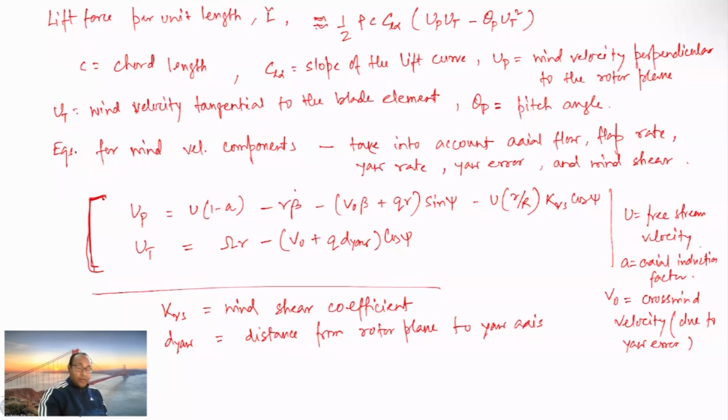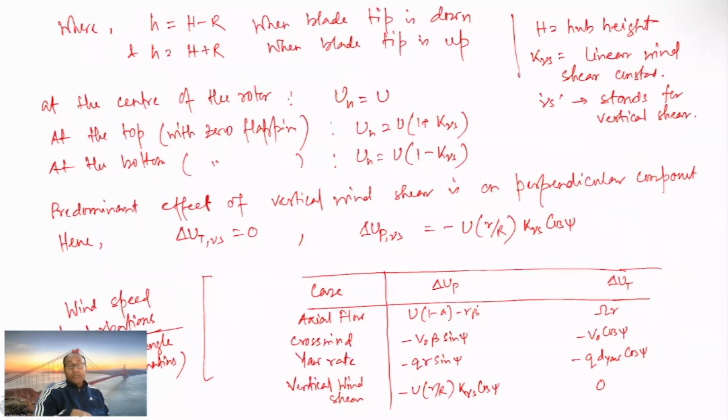Now we have completed the derivations for both axial flow and tangential component, where we considered different effects of crosswind, yaw rate and vertical wind shear, and finally we get these velocity components.